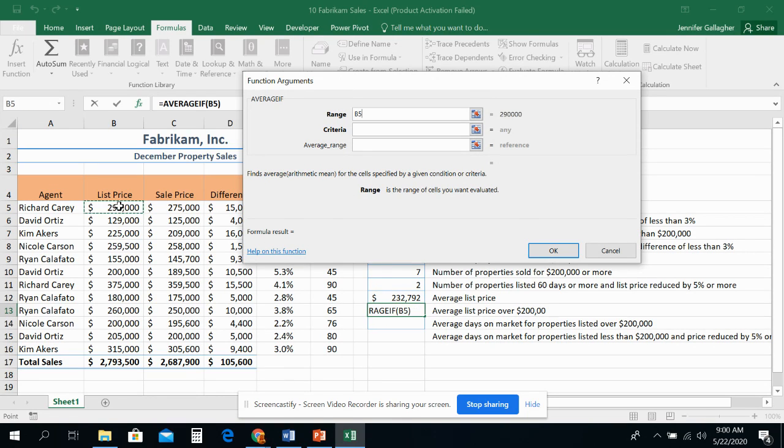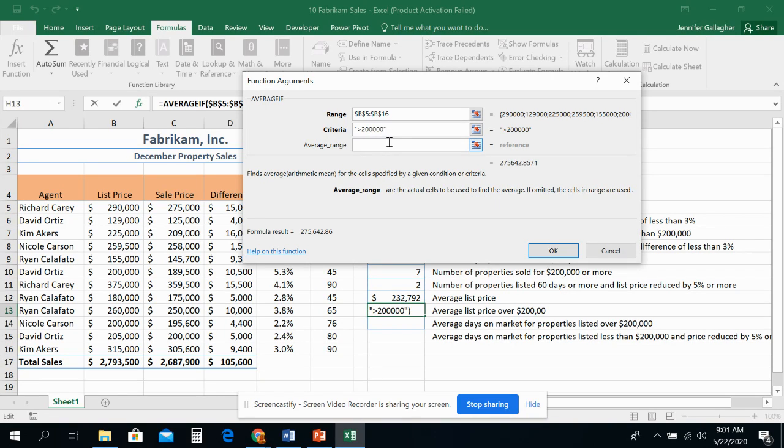So I'm looking for the list price. Again, not going to fill it in, so I don't have to lock it down. If I wanted to, though, I could just press F4 on my keyboard, and it would lock it in there. My criteria I am looking for is over 200,000, so I'm going to do greater than 200,000.